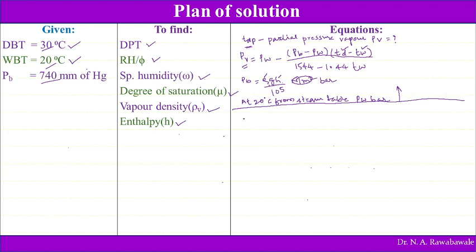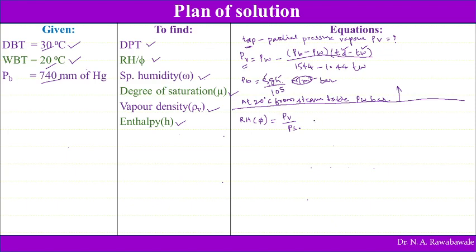Now the second term that we want to find out is relative humidity. Relative humidity RH, or in short this is also given as phi, is given by PV by PS. We know PV already, we have obtained it in the previous case. Here PV is known, so the only unknown is PS. To know PS, we know the dry bulb temperature, 30 degrees Celsius.